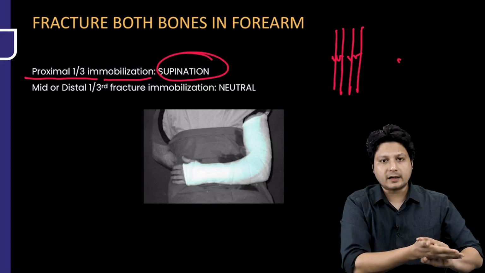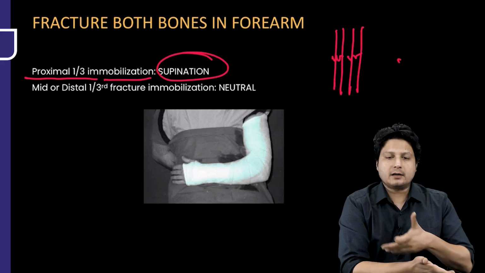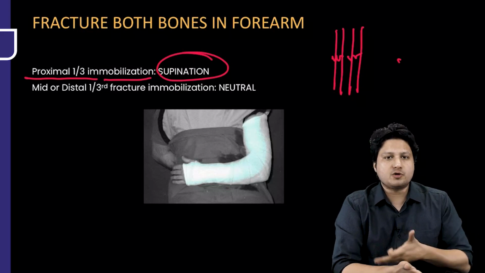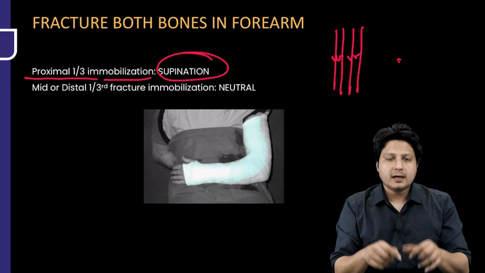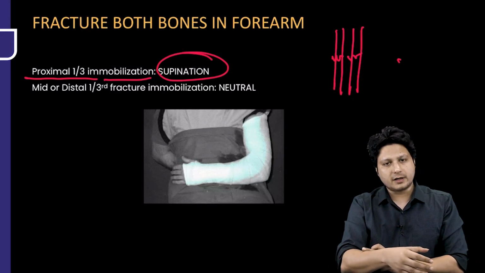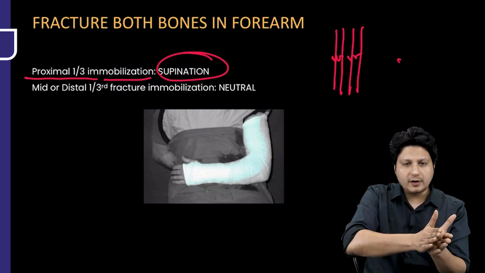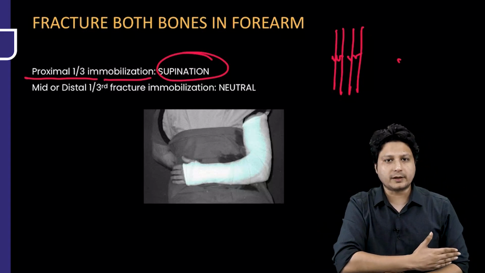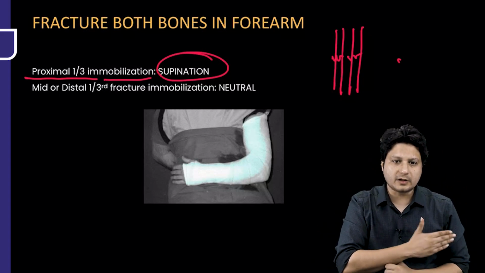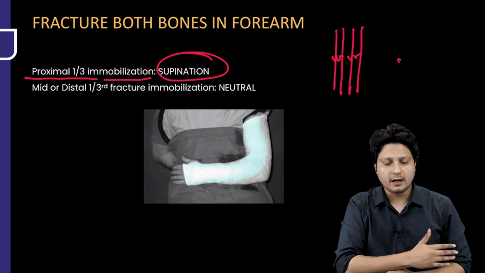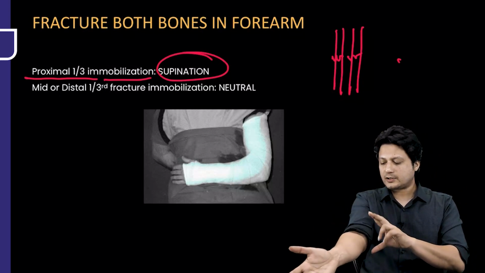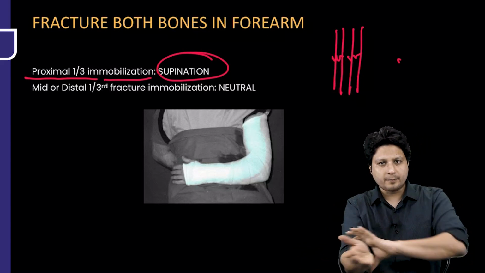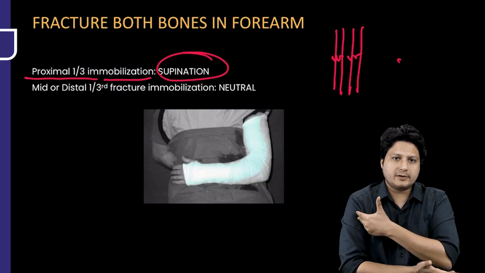So you have to supinate the distal fragment also so that both these bones get aligned. But if the fracture is in the mid one-third region, then because of the pronator function also, the action of supination is neutralized. So in that case, you have to put it in mid pronation, that means in the neutral position. That is the only difference. If there is a fracture of both bones of the forearm in the proximal aspect, you have to supinate it and immobilize it.